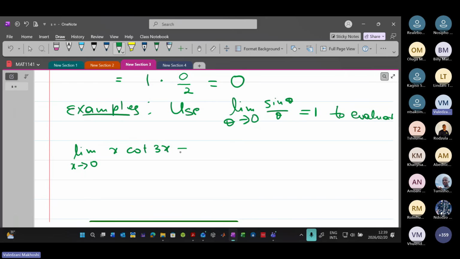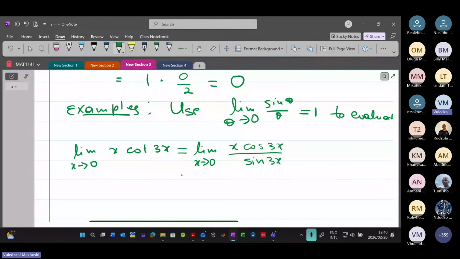So we can say this is equal to the limit x is approaching 0. We want to make use of this fact here. And then we have x. Cotangent, we said, is cosine of 3x over sine 3x, like that.